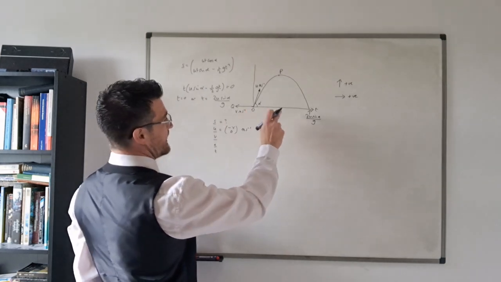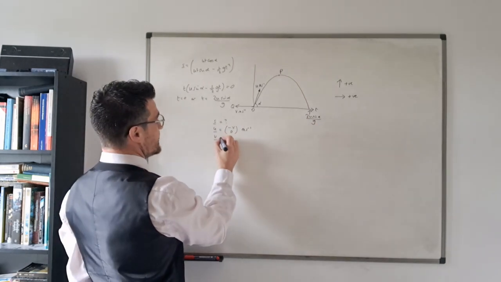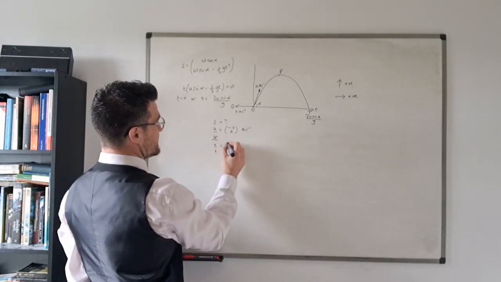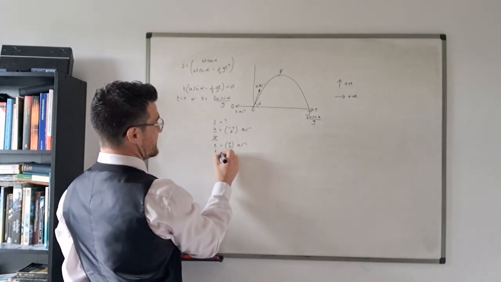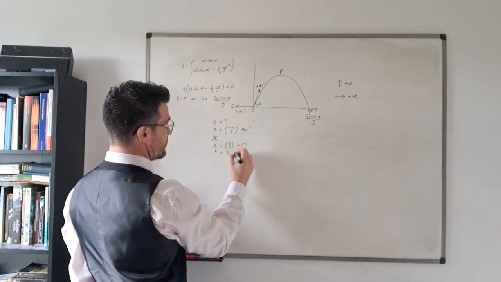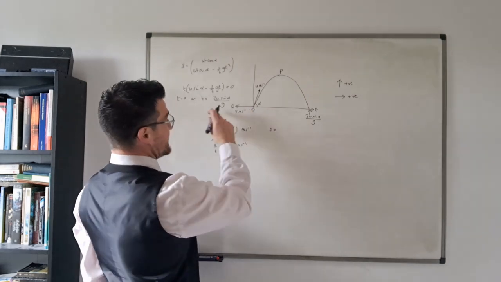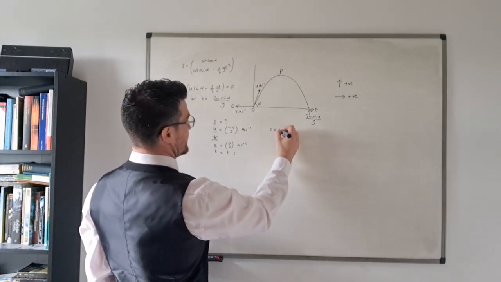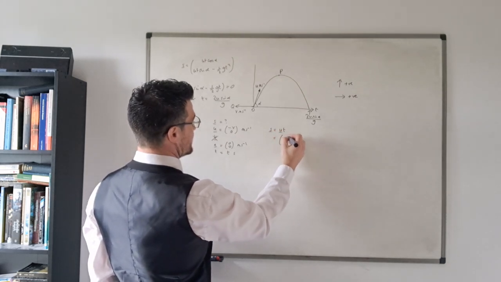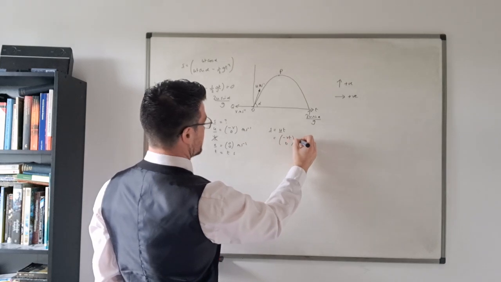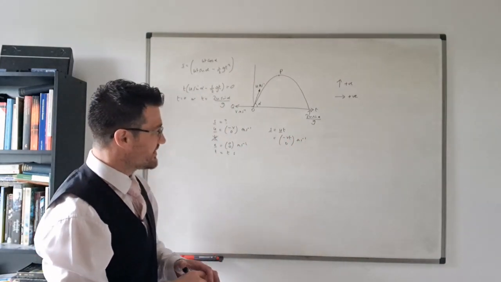I'm taking that direction as positive, so because Q is going in the other direction, it's going to be minus v. v we're not interested in. a is equal to 0 meters per second squared. Actually, I'm making more work here than I really need to. It's just going to be s equals u times t, which is minus vt. To cut a long story short, kind of unnecessary, but we got there in the end.